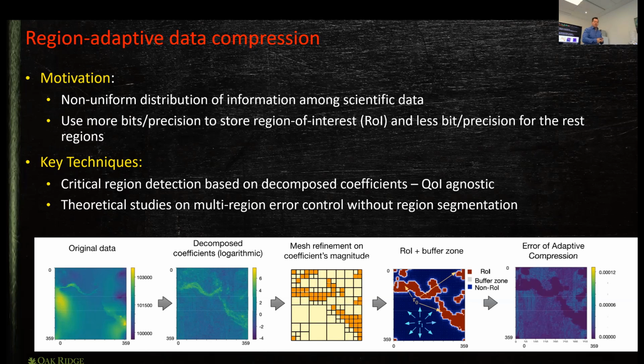So we put smaller errors where these regions are changing, and you can put larger errors elsewhere, because from the physics quantities of interest, the thought was we can get better compression ratios, since you're putting more accuracy where you need it.